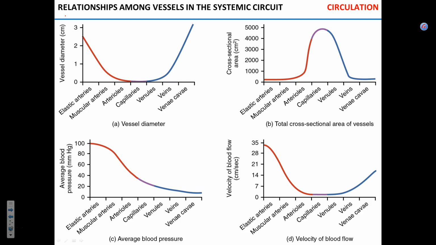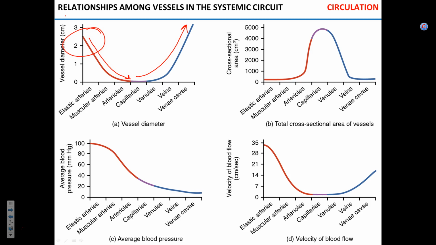So first, let's talk about vessel diameter. The largest are the elastic arteries. And you can see that vessel diameter progressively decreases, reaching its minimum at capillaries. And then it starts to go up, reaching the largest veins. The biggest one of those, of course, is vena cava. Does that make sense?